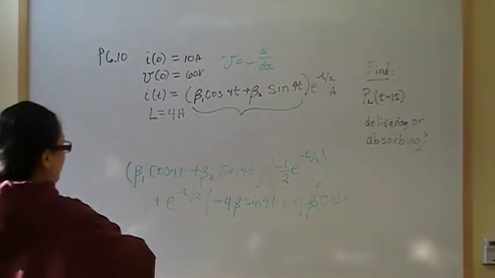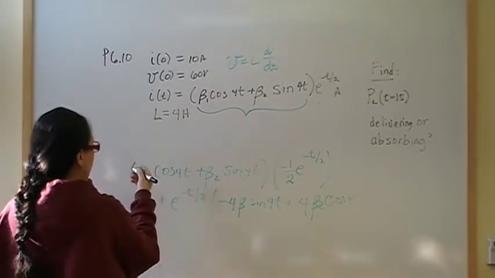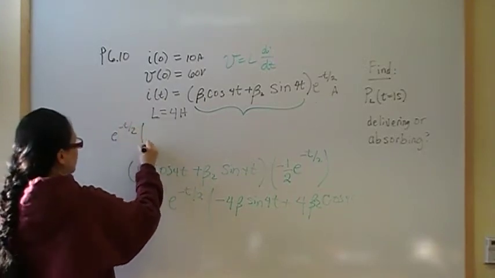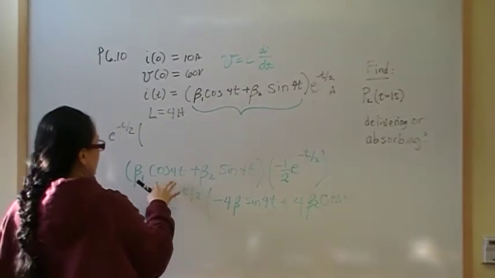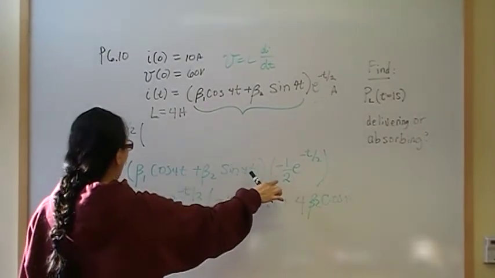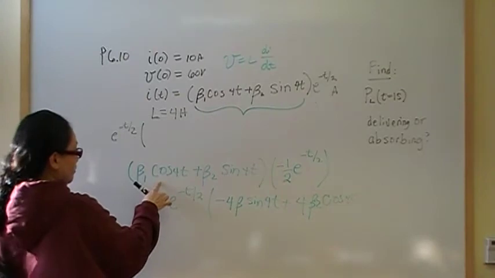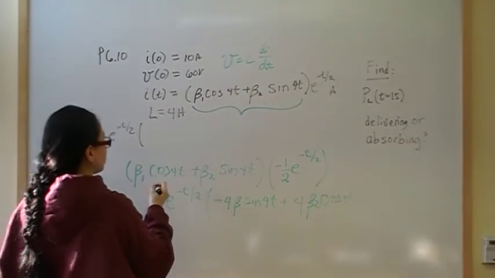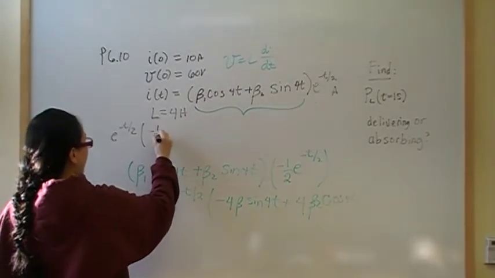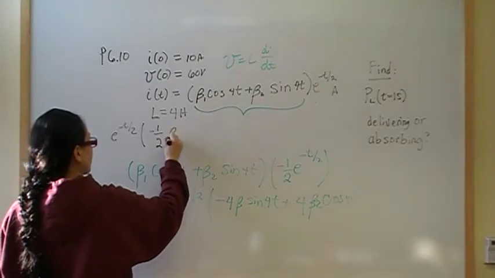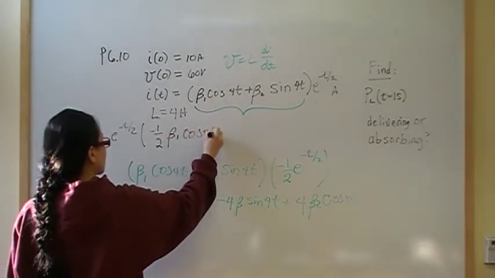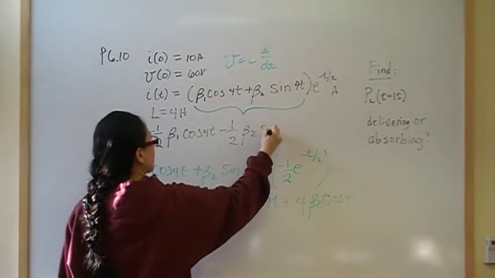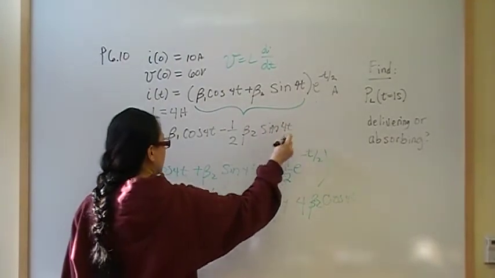Okay, so when I factor out this e to the minus t over 2, I'm left with this times 1/2, so it's going to be negative 1/2 beta 1 cosine 4t minus 1/2 beta 2 sine of 4t.